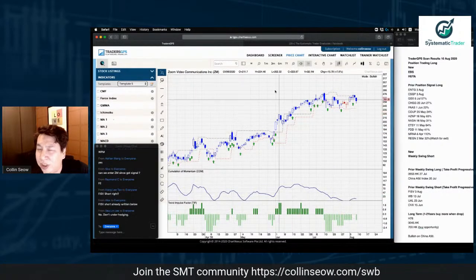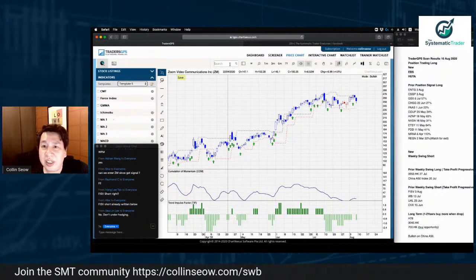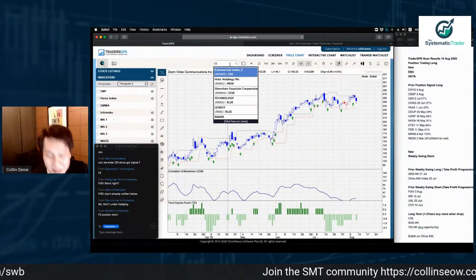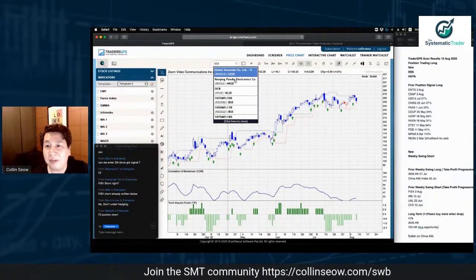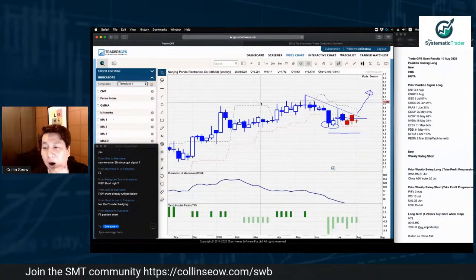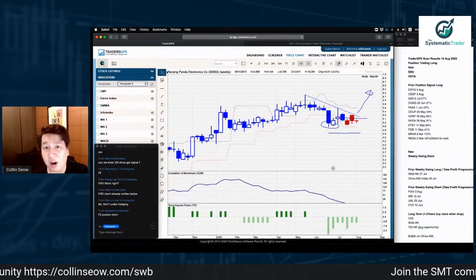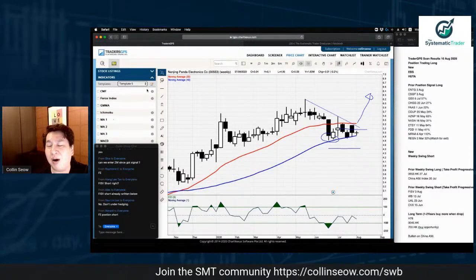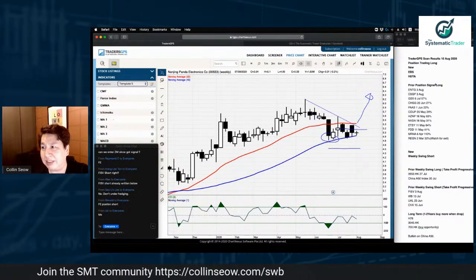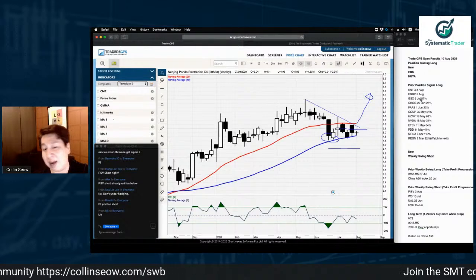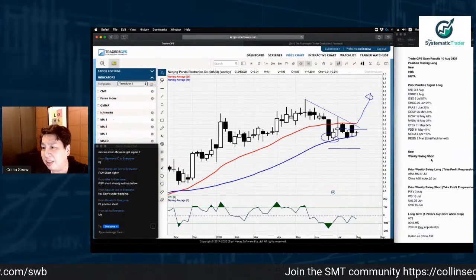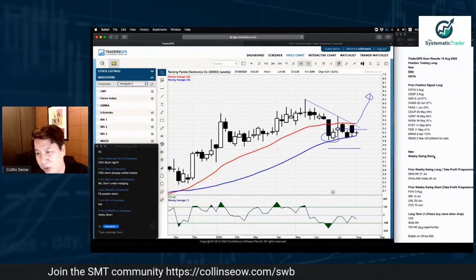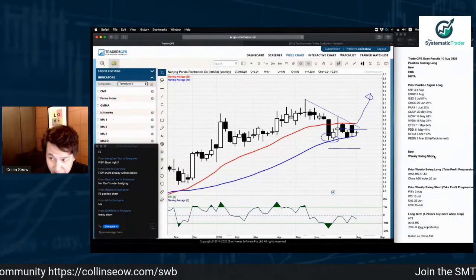So we have 533, sorry, 553. This is more of a swing trade. Swing trade is about 1 month to about 6 months, usually about 3 months you close the position.